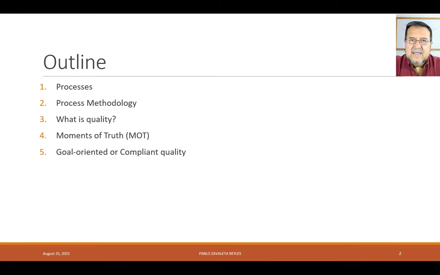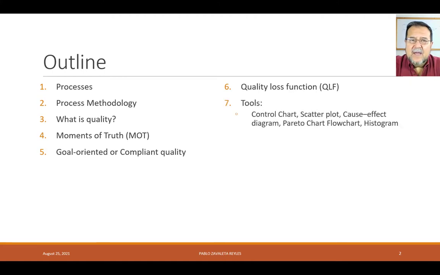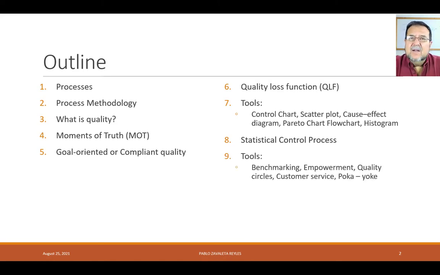We shall see what the quality loss function is and some of the tools that we have available: control charts, scatter plots, cause-effect diagrams, all that kind of stuff. Then we will go on to explain what a statistical control process is, and finally we shall cover some other tools like benchmarking, empowerment, quality circles, what customer service is, and Poka-yokes.